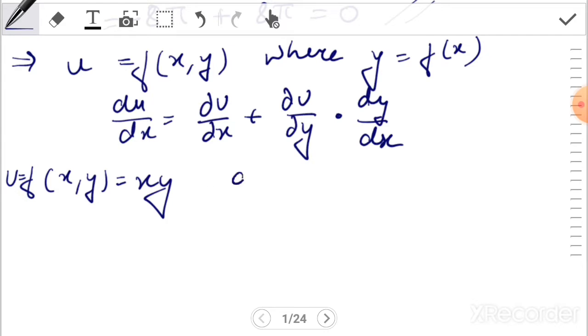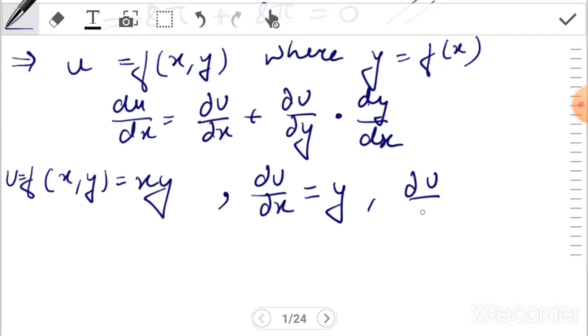So taking u, ∂u/∂x is y, and ∂u/∂y is x.